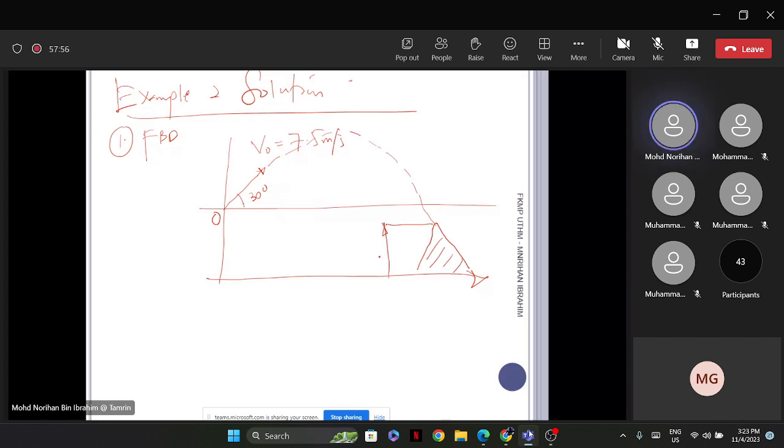What is the height of this pile? You do not know. Okay, the height of this pile is YA. Ini adalah A. So O, this one is A.